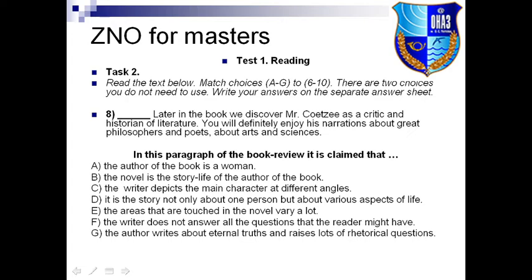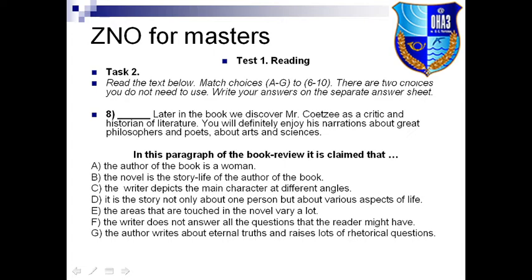D, it is the story not only about one person, but about various aspects of life. And again, this paragraph is mainly not about their story, not about their piece of writing. It's rather about the author.